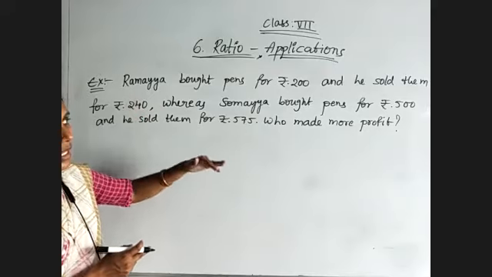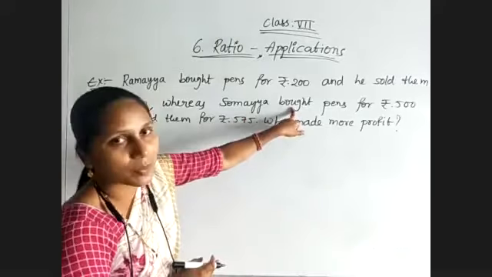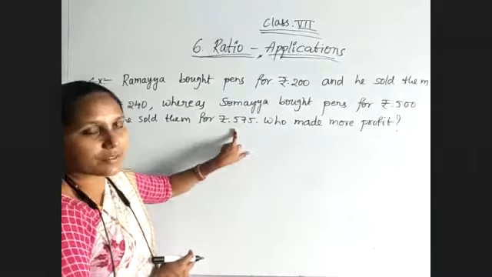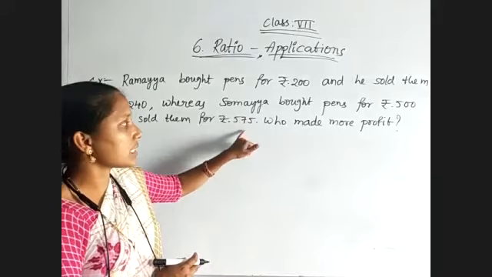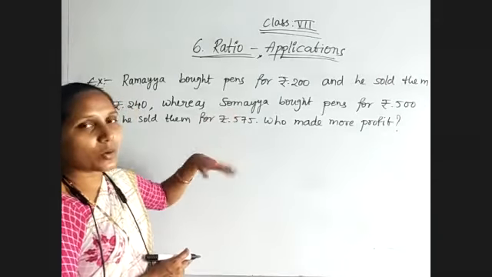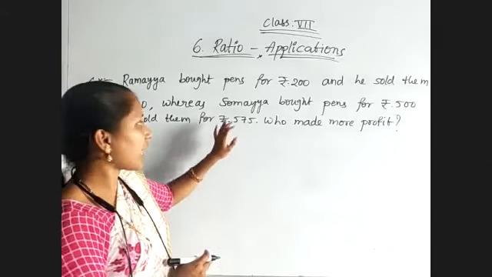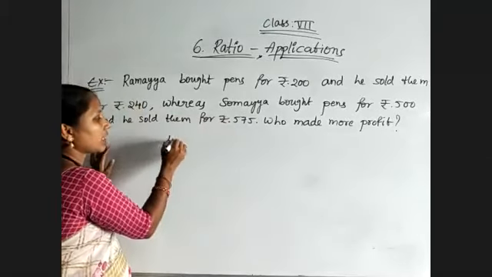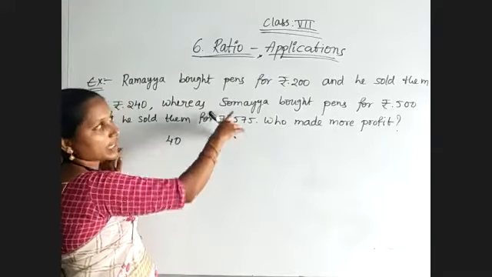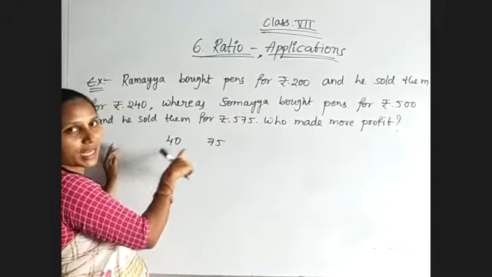Coming to Somaya, he bought pens for 500 rupees, means CP is 500 and SP is 575. So their difference is 75 rupees, means he is getting 75 rupees profit. Then who made more profit, they are asking. By comparing, 40 rupees is lesser than 75 rupees, so Somaya is getting more profit according to this.